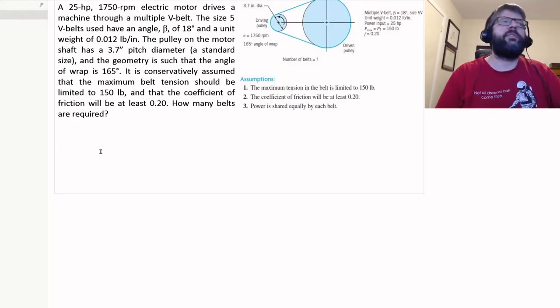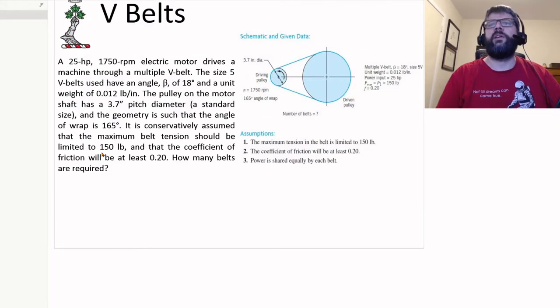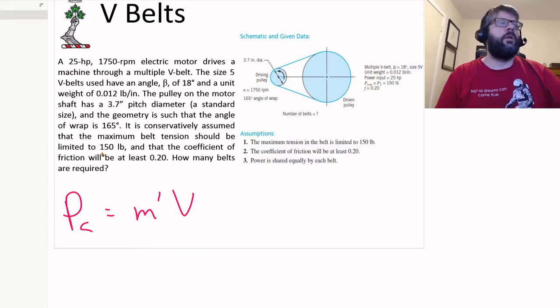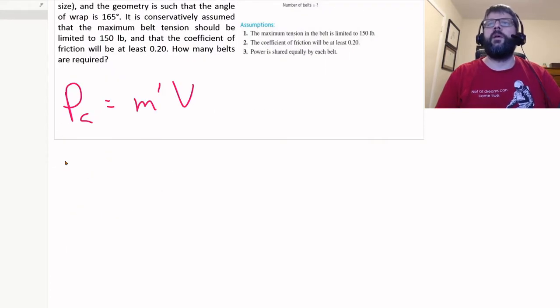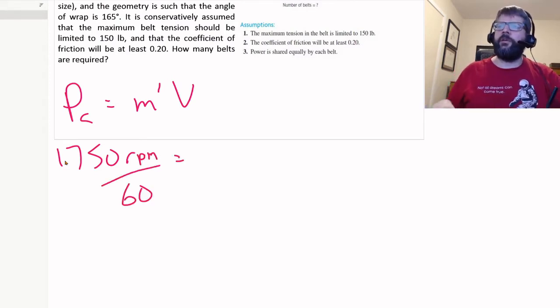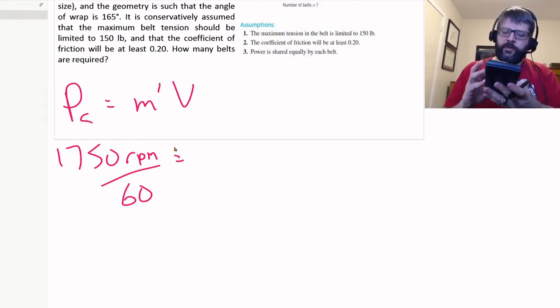So first off, let's go ahead and calculate our PC here. So the tension due to centrifugal force. So first off, let's go for our V here. So our V, we're starting off with our rotational rate, 1,750 RPM. Divide that by 60 to give us our rotational rate in revolutions per second.